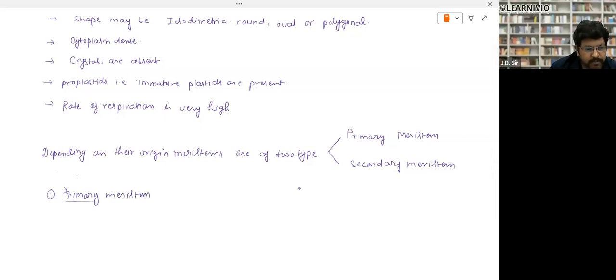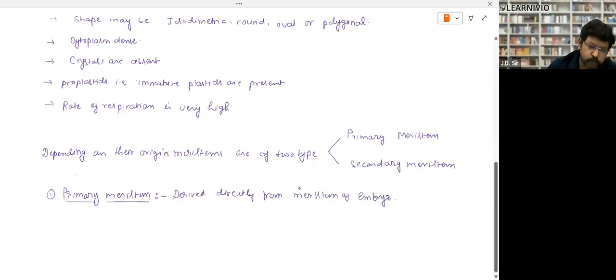Please note down what the primary meristem is. Primary meristems are present in the plant since the birth of the plant. They are derived directly from the meristem of the embryo. Meristem of the embryo means these are the meristematic tissues which are present in the plant since the birth of the plant, right?